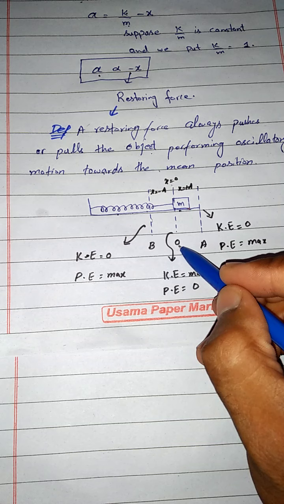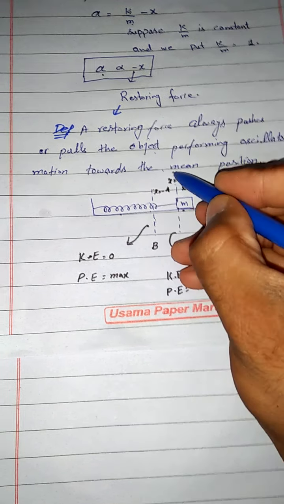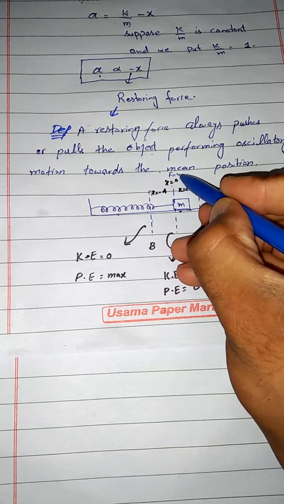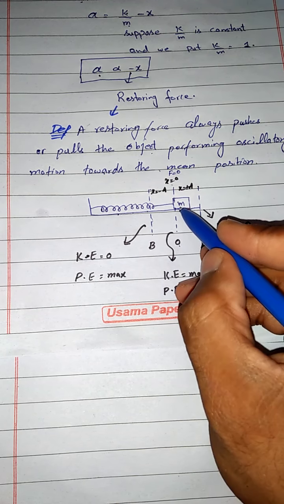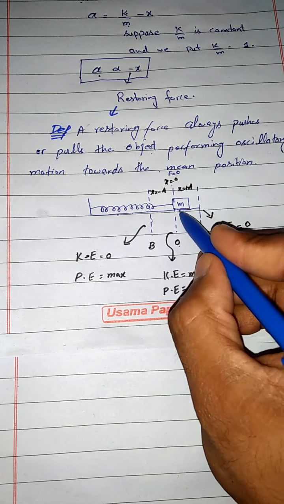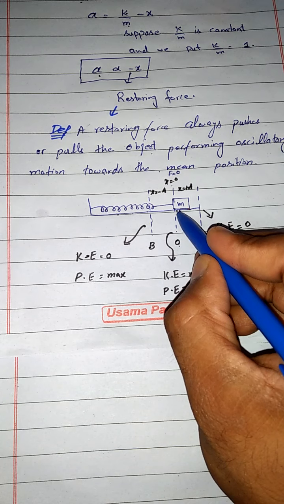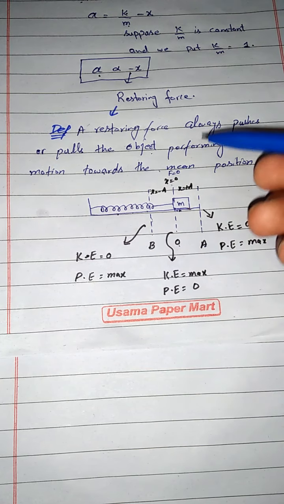Initially the mass is at rest in the mean position O, and the restoring force on the mass is 0. No force is exerted, so F is equal to 0. Suppose the mass is pulled through a distance x up to the extreme position A and released.